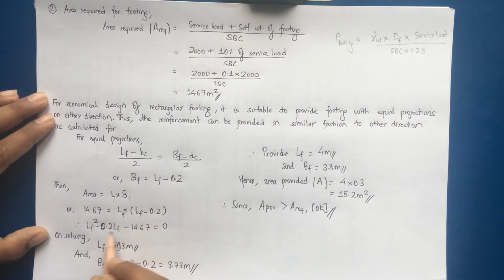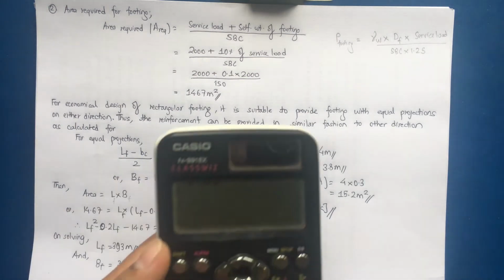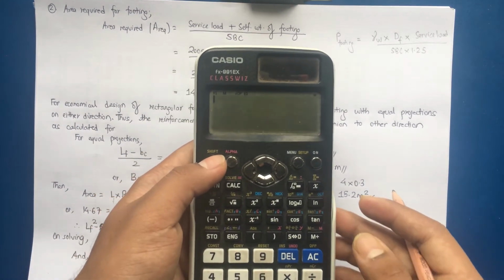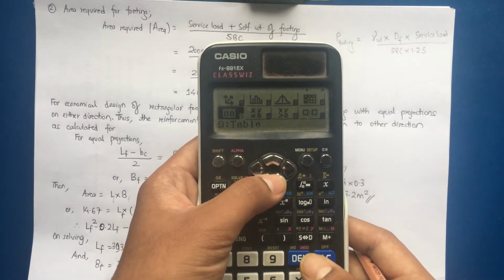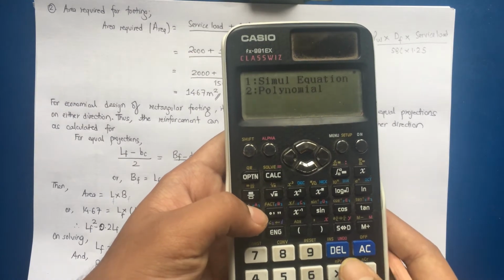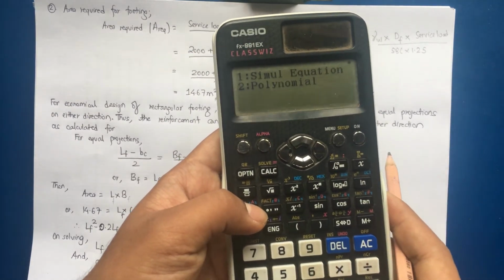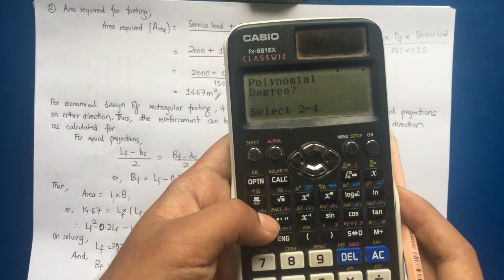So this is a polynomial equation and we can solve this by using our calculator. Let me show you how to solve this. From the mode you can go to equation or function, go to polynomial type, and the polynomial degree is 2.